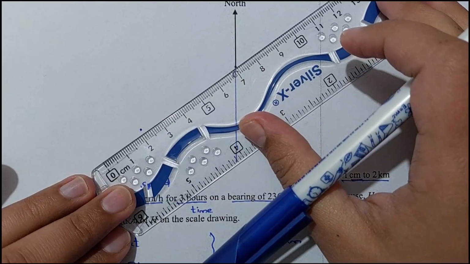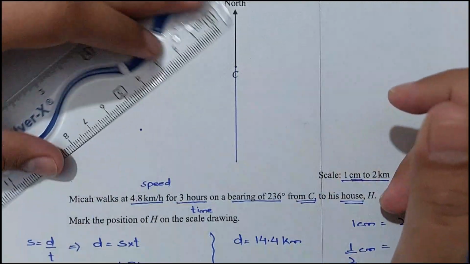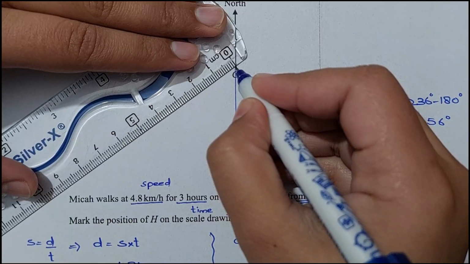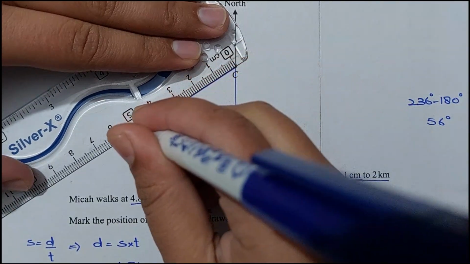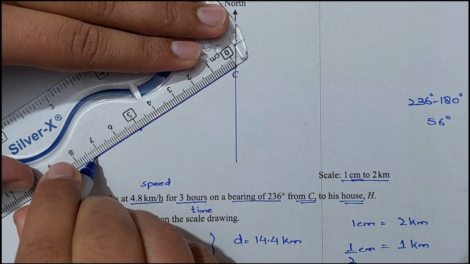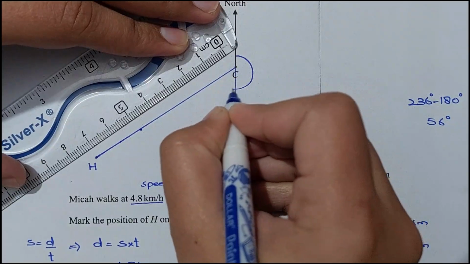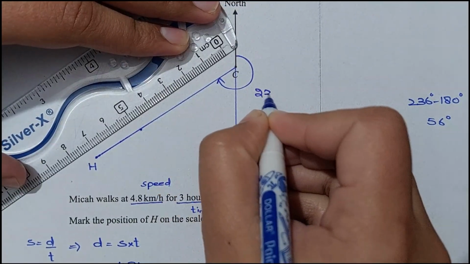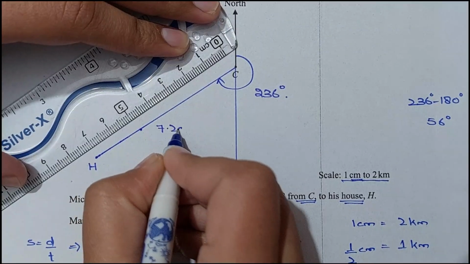You can see 7.2 we have to mark, from 0 till this point. This is 0, this is 5, 6, 7 and this is 7.2. You guys can see clearly. Here is the position of his house H, and the whole bearing is 236 degrees, and this length is 7.2 centimeters.